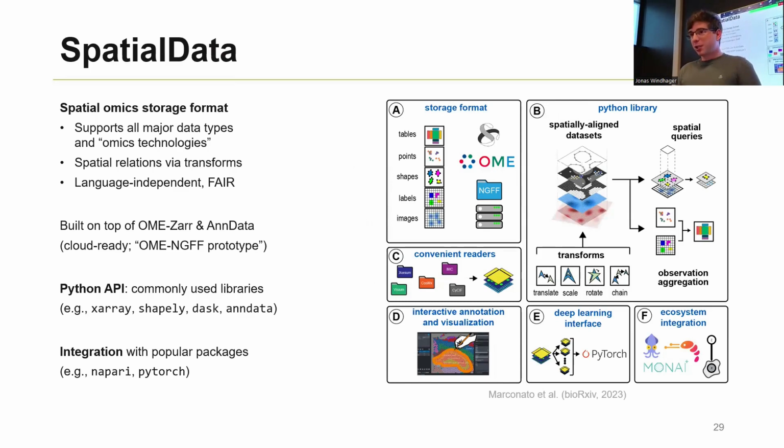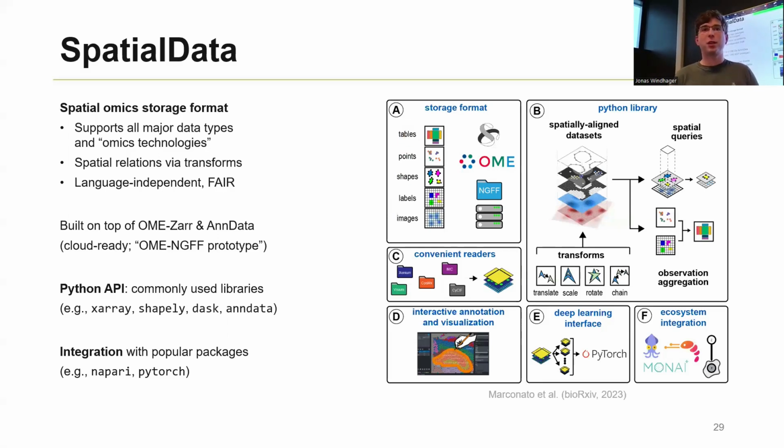But the reason I'm mentioning this is SpatialData. What SpatialData is, you can think of it as an extension to OME-NGFF. So it can store images. But on top of that, it supports all major data types that exist otherwise. So not only images, but also tables, for example.